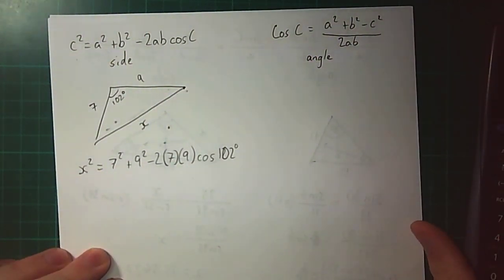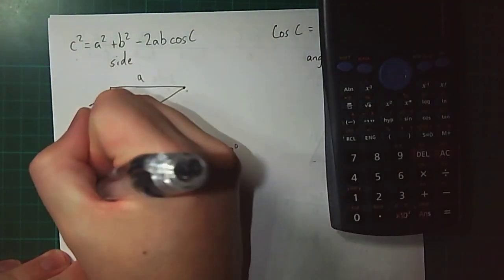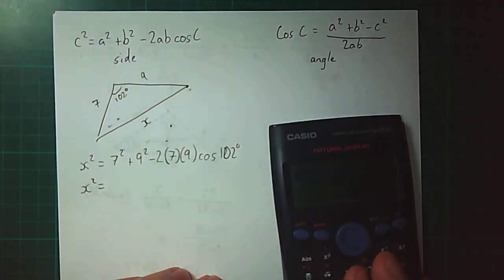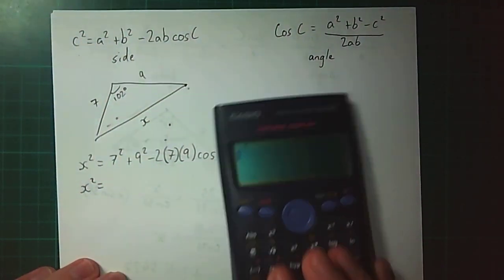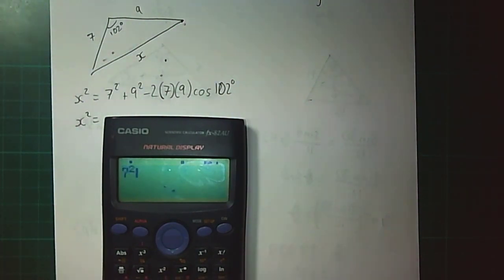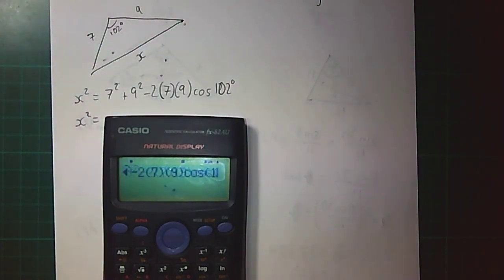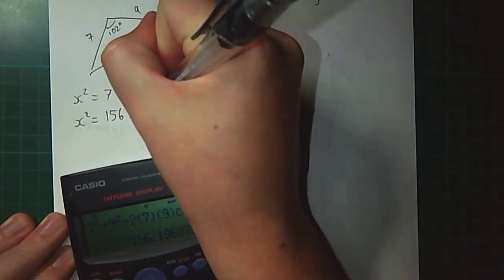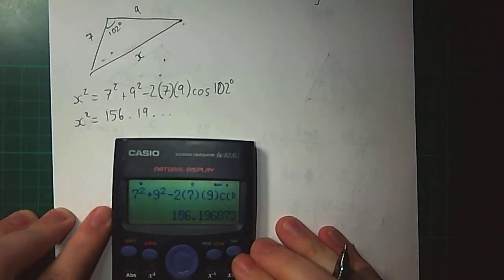Okay, and in order to find our x squared, we type that all into our calculator. So if we were to do that now, we're going to get 7 squared plus 9 squared minus 2 lots of 7 lots of 9 cos 102 degrees. And that gives us this number here, 156.19 with some decimal places.